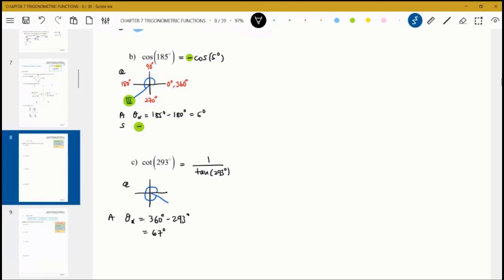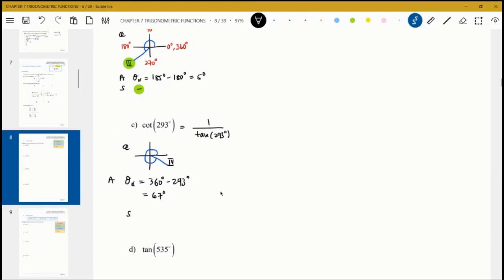Okay. It lies on fourth quadrant, right? So fourth quadrant untuk tangent, positif ke negatif? Negative. Pada quadrant keempat, tangent adalah negatif. So it's gonna be 1 over tangent 67 degree. And then negatif di sini kita letak negatif di luar. Okay, so 67 ganti di dalam. Negatif di sini letak di luar.